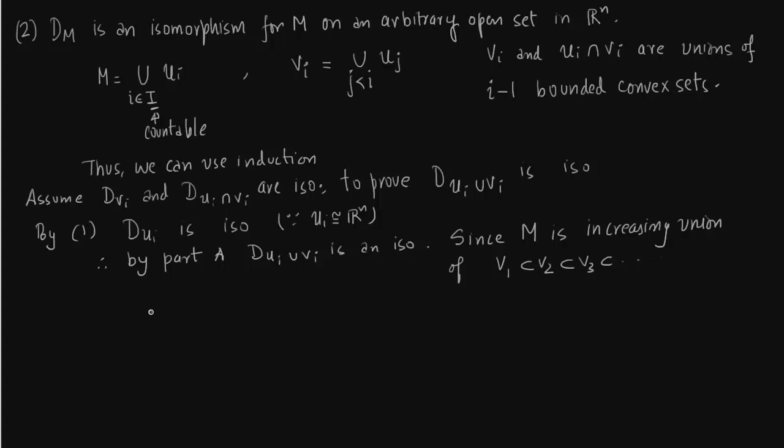In part B we formed this increasing sequence of sets U1 contained in U2 contained in U3, and we formed dM as a direct limit of dUi. Here instead of Ui we have Vi, and we use the same thing. So for an arbitrary open set, we have been able to prove this by induction.